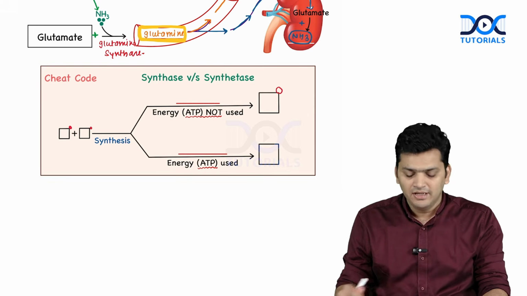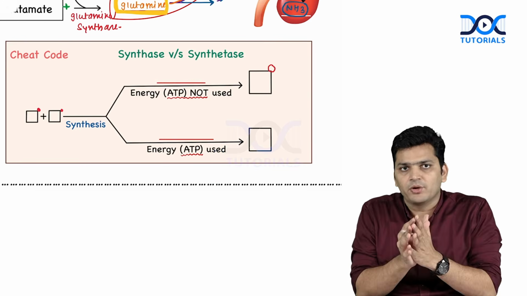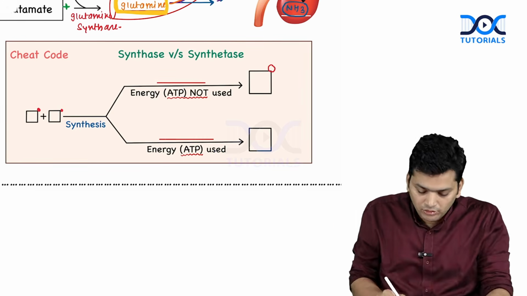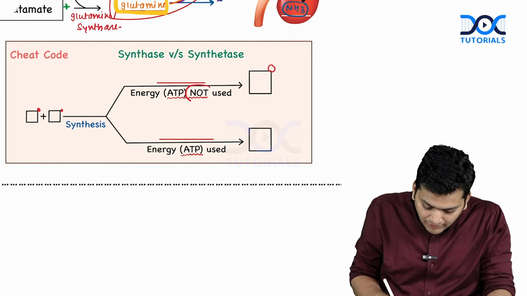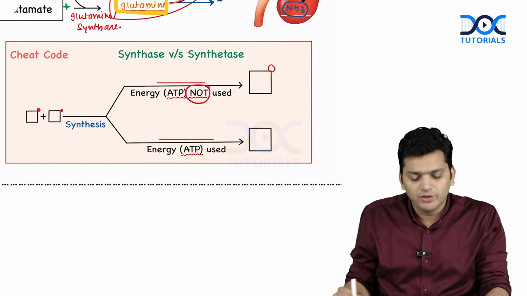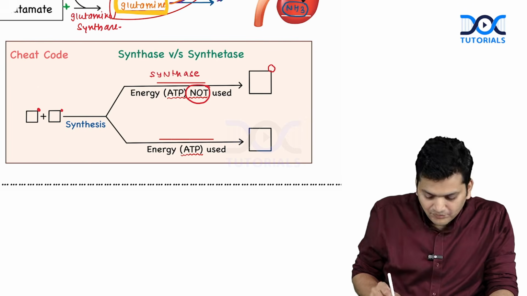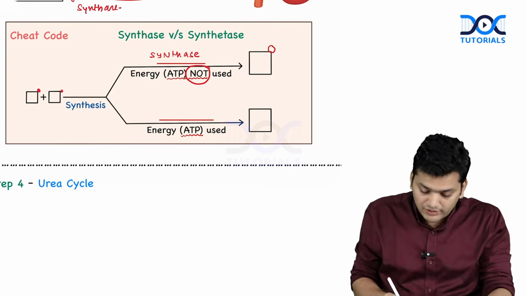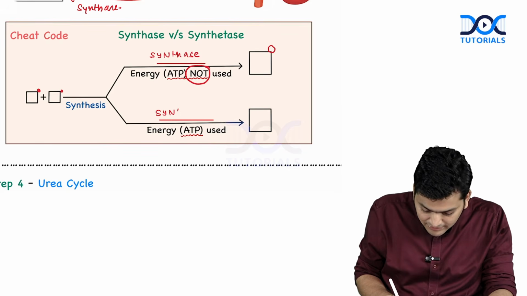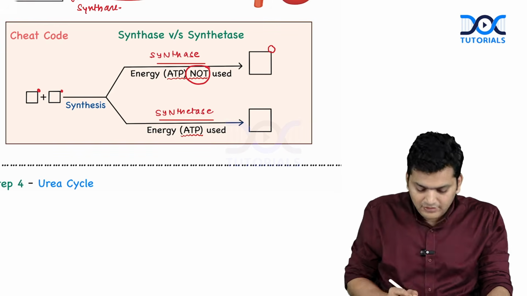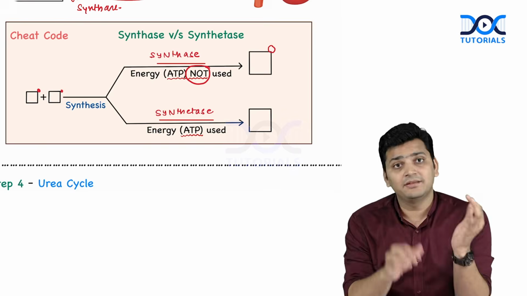How to decide that? If two small molecules are joining and making a big molecule without any ATP, if no energy is used, then the name of the enzyme is synthase. But if you are making a bigger molecule with the help of energy, then the name of the enzyme is synthetase. So we have synthase and synthetase.